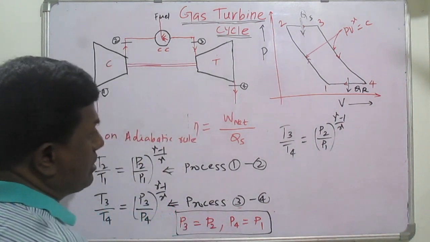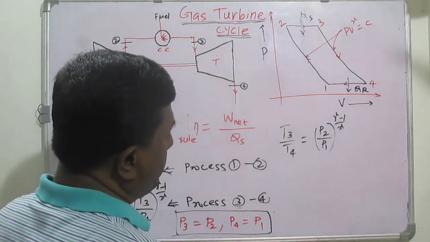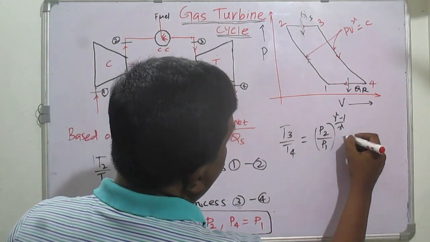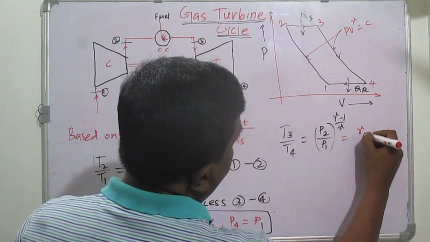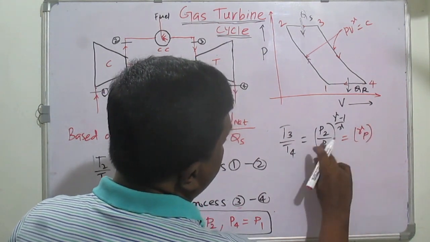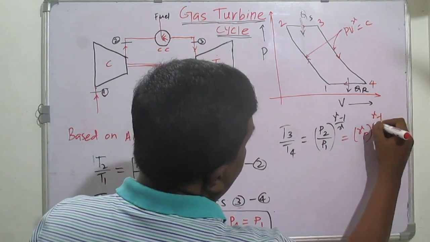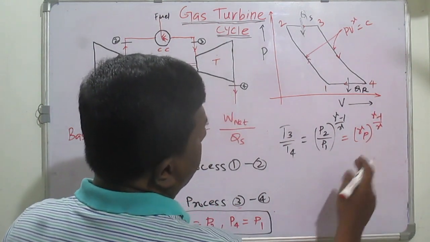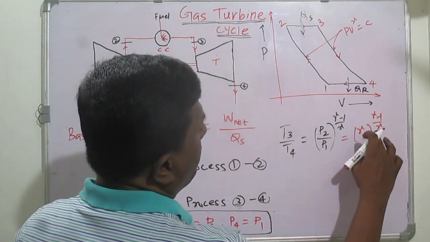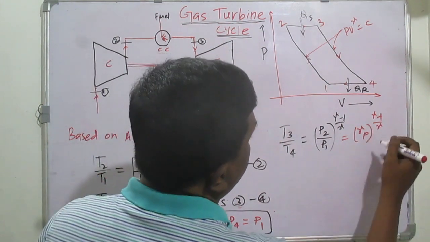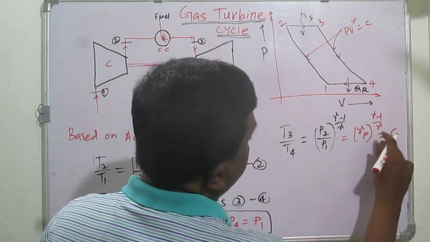P2 by P1 is nothing but the pressure ratio, Rp. So the expression Rp power gamma minus 1 by gamma, we are going to consider as C.